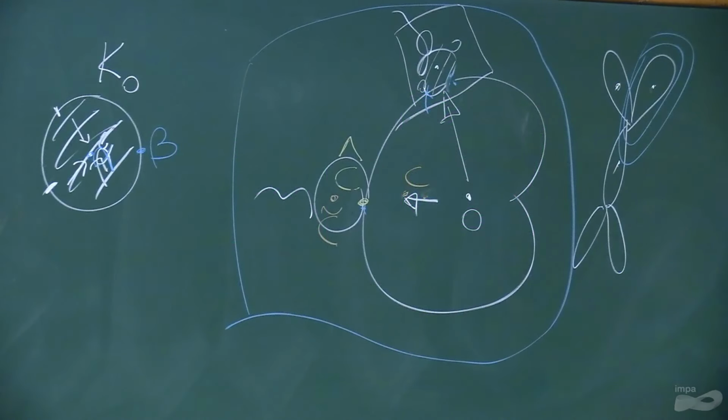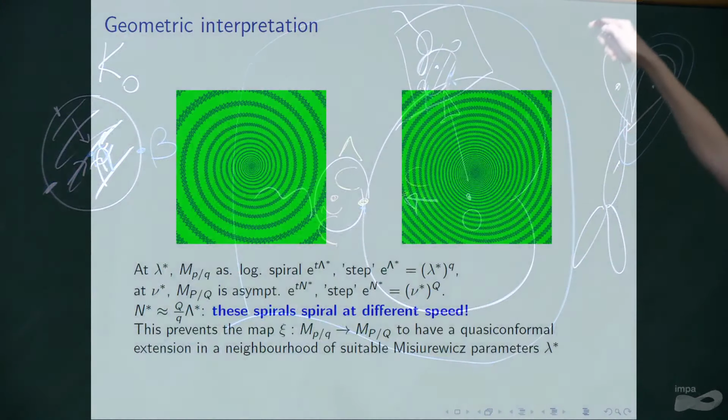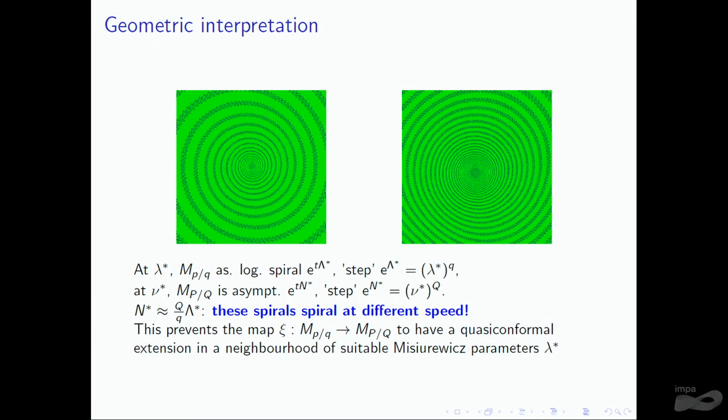And if my homeomorphism between one copy and the other had a quasi-conformal extension, we should be able to map this spiral quasi-conformally to the other one. This is not going to happen. Why?